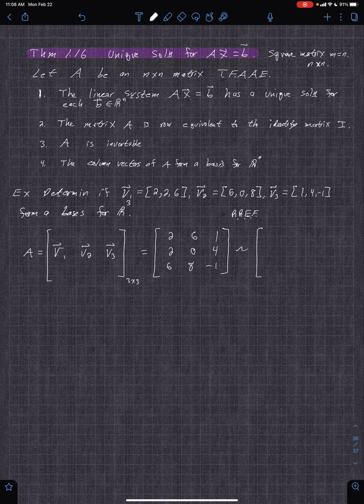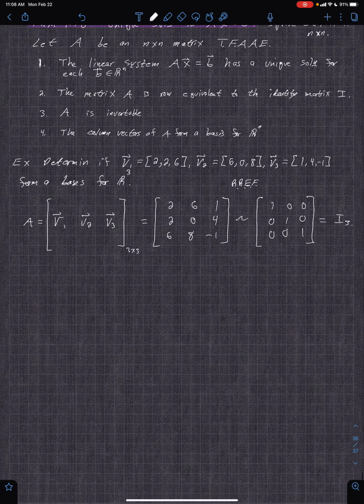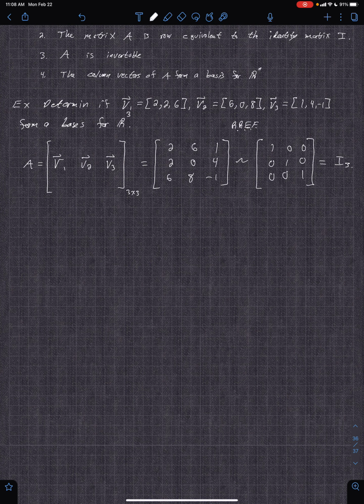And in fact, you get 1, 0, 0, 0, 1, 0, 0, 0, 1, which is the 3 by 3 identity matrix. Therefore, you can conclude V1, V2, and V3 form a basis for R3.